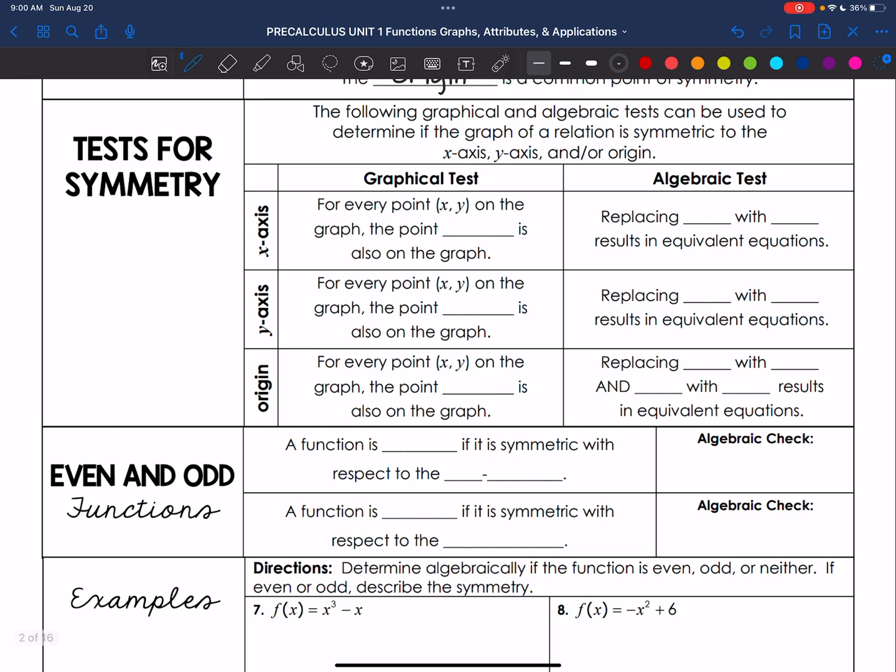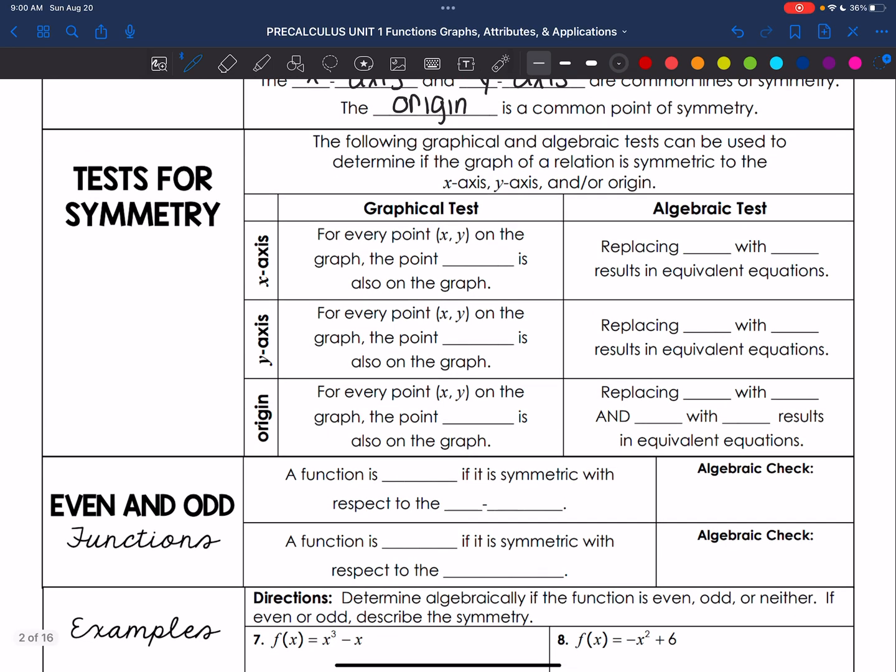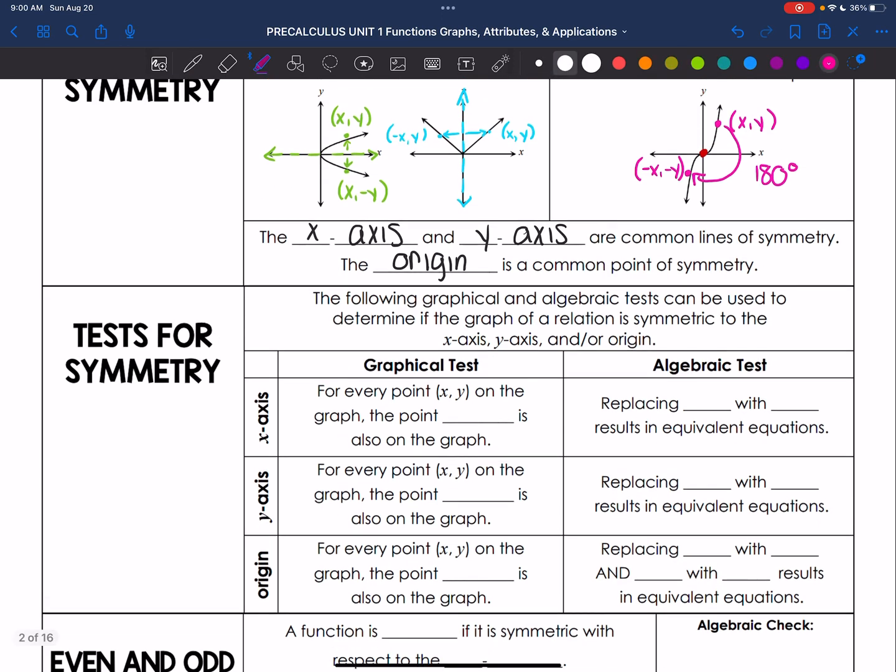Our graphical and algebraic tests can be used to determine if the graph of a relation is symmetric to those big three: the x-axis, y-axis, or origin. So let's begin with our x-axis scenario.